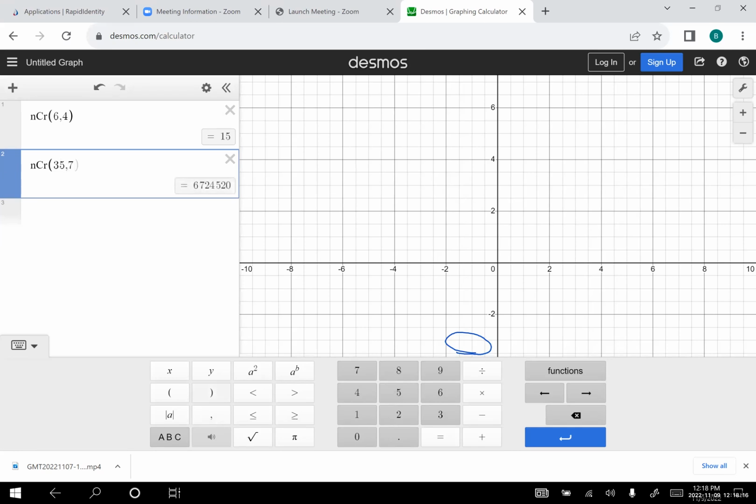How many of those could I get? Just over 6 million. So how would you like to write all those out? And it's hard to believe. I mean, these numbers get huge fast. I say, I want to know in this class of 35, how many unique groups of 7 can I form? And it's actually over 6 million groups.